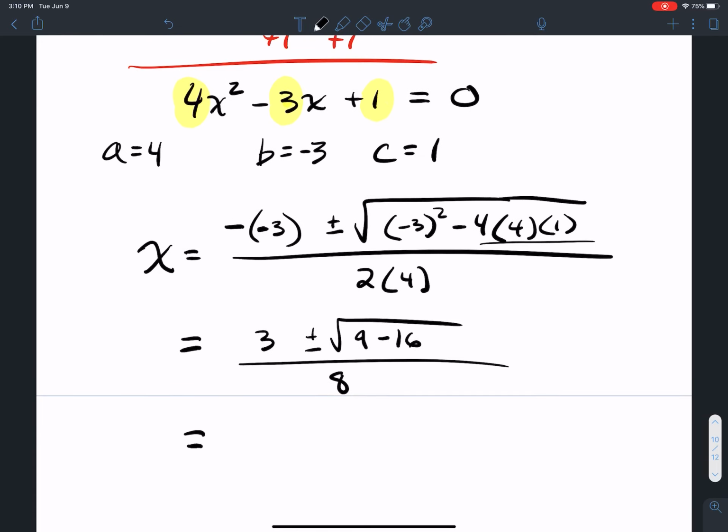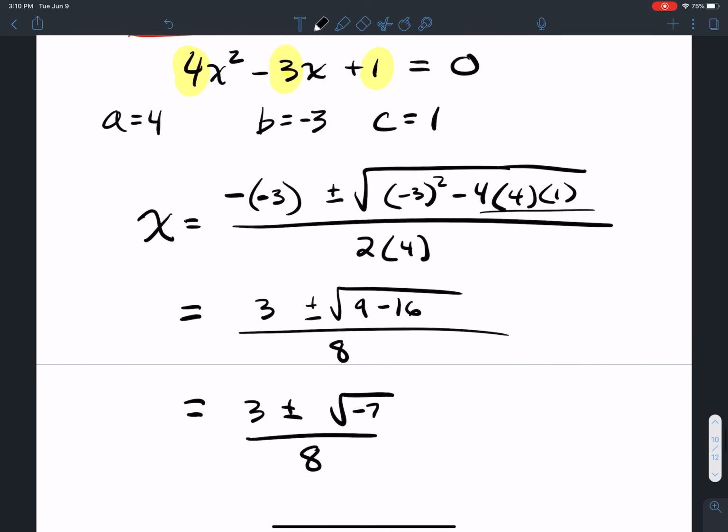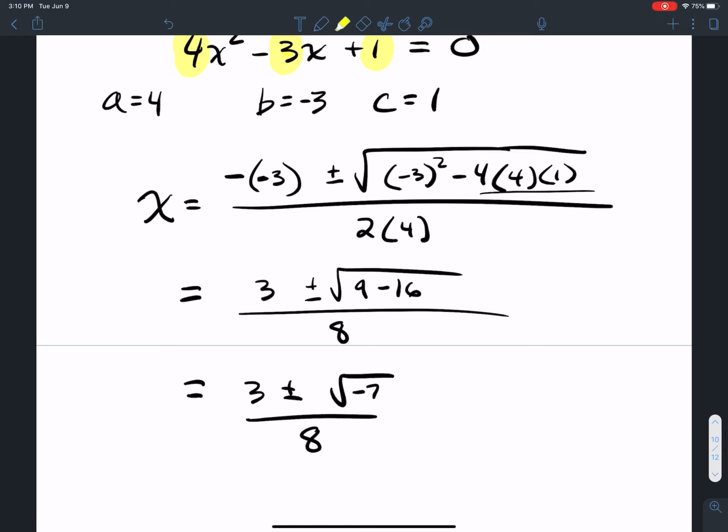So what does this get me? This gets me 3 plus or minus the square root of, ooh, that looks like a negative number. That is negative 7, over 8. Okay, what do I do with the square root of a negative number? First thing I do is pull the i out. So I have 3 plus or minus i square root 7, over 8.